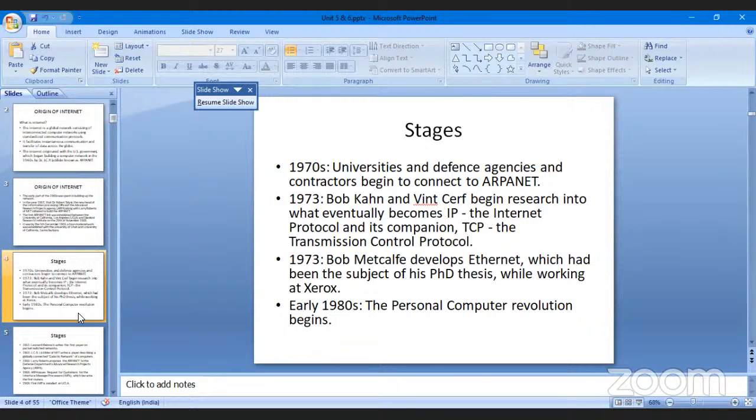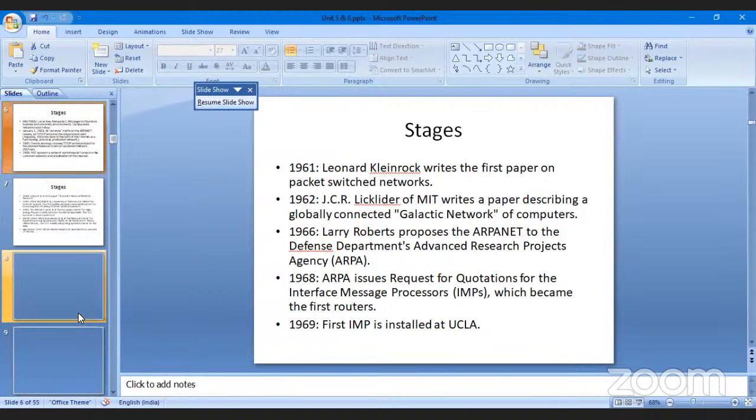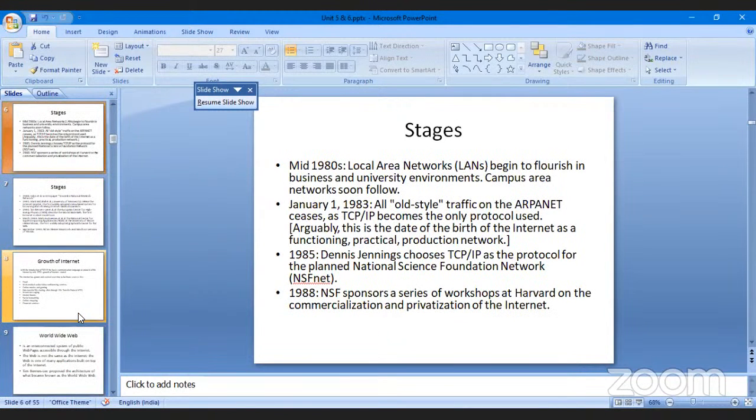In the 1980s, with the revolution of personal computers, internet development grew drastically. In the early 80s personal computers started, and slowly all these internet things developed drastically after that. In the mid 80s, LANs, local area networks, began to flourish in business and university environments.